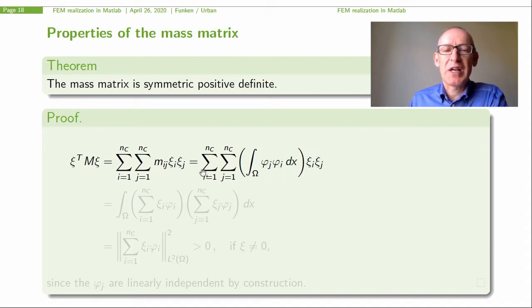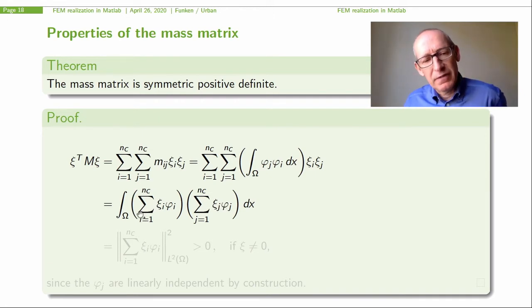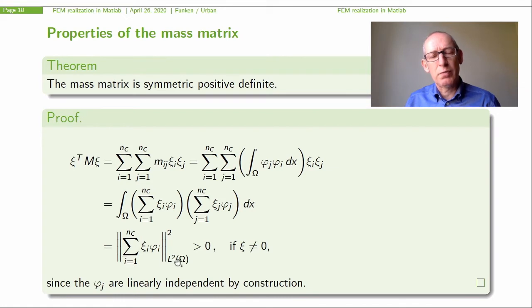Then we have two sums. If we take the integral out and the sums inside, we have two separate summations. And the summation gives nothing else than the L2 product of two functions.